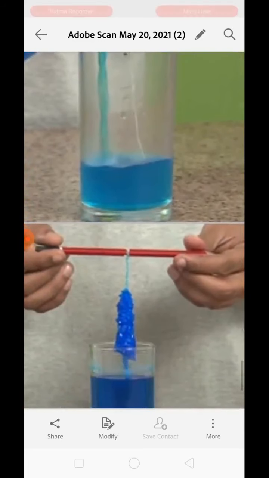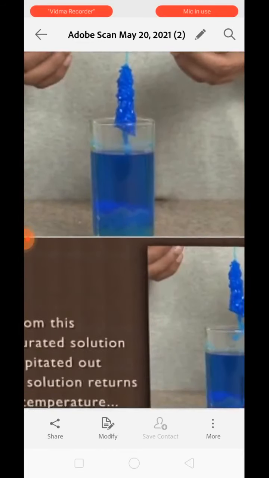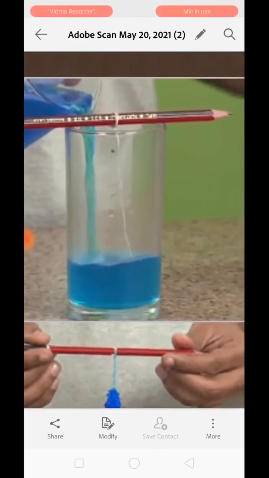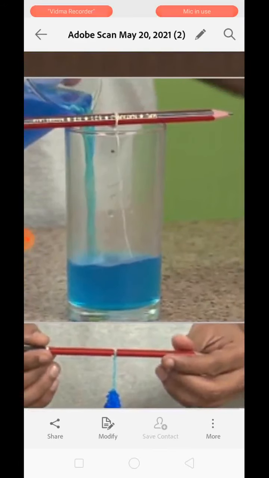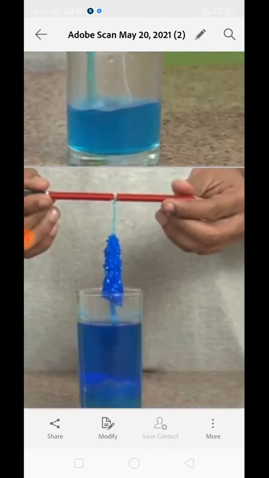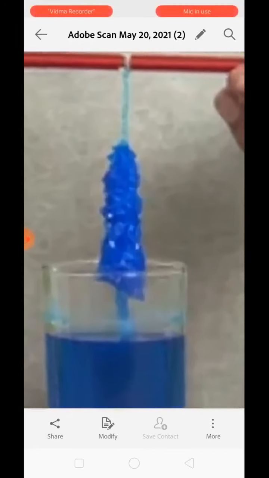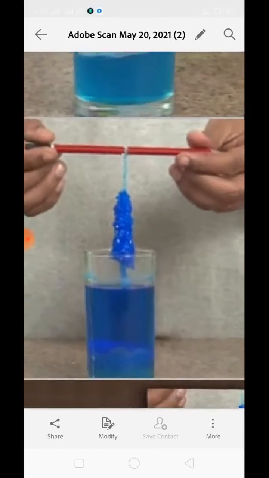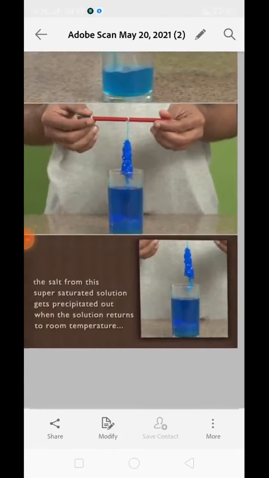Now see over here, after putting this thread in the glass for a long period of time, we can get this type of shiny crystals hanging from the thread. Okay, what are these crystals? These are the crystals of copper sulfate. Understood?